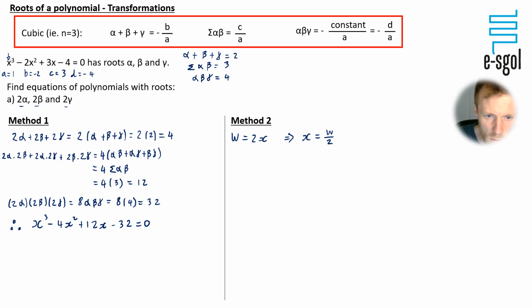So instead of x cubed, it's now w over 2 cubed. Instead of minus 2x squared, it's minus 2 times w over 2 squared. Instead of plus 3x, it's plus 3 times w over 2, and then minus 4.